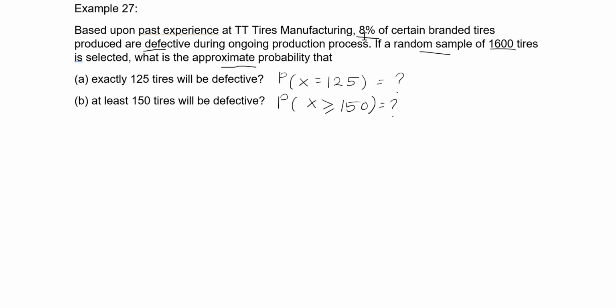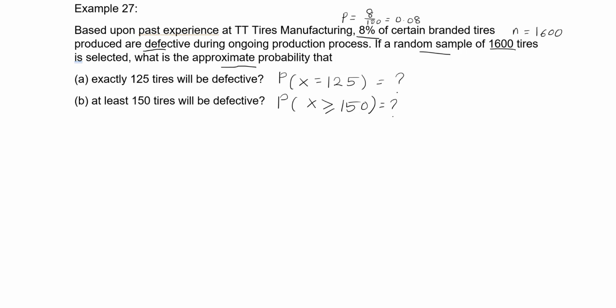So we get the information. We have the probability 8 over 100, which is equal to 0.08 for P, and we have a random sample N equal to 1600.